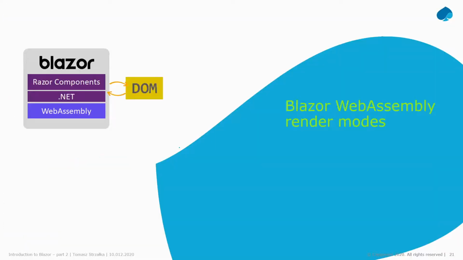If we would like to avoid that kind of situation, we can use the additional render modes in our server-side application. I mean, if we would like to host our WebAssembly application in ASP.NET Core, we would be able to use render modes like WebAssembly or WebAssembly pre-rendered. Their behavior is exactly the same as we showed earlier for Blazor Server.